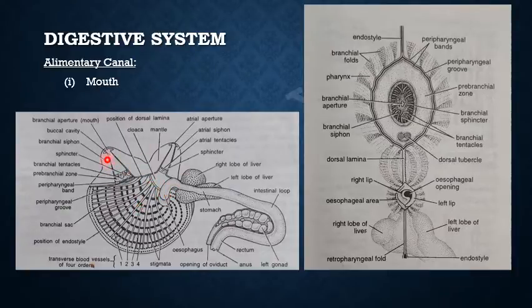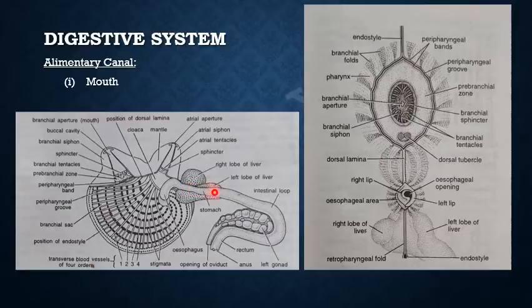But in these animals, before the stomach there is a large pharynx which is used for the collection of food, and after the pharynx comes the esophagus, and after the esophagus is the stomach, which is surrounded by the digestive glands, and after the stomach comes the intestinal loop.